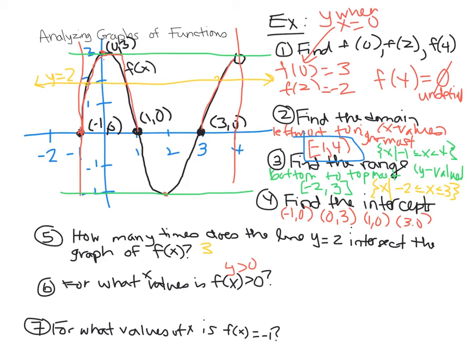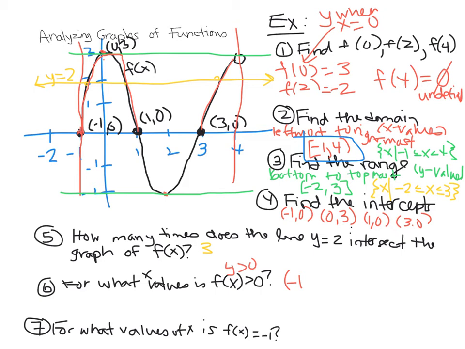So we're going to go ahead, write that in interval notation, but you can also write it using inequalities. So from -1 to 1, I want to point out that I used a parenthesis, not a bracket, because at -1, I'm actually equal to 0. And I'm not looking for when f of x is greater than or equal to 0.